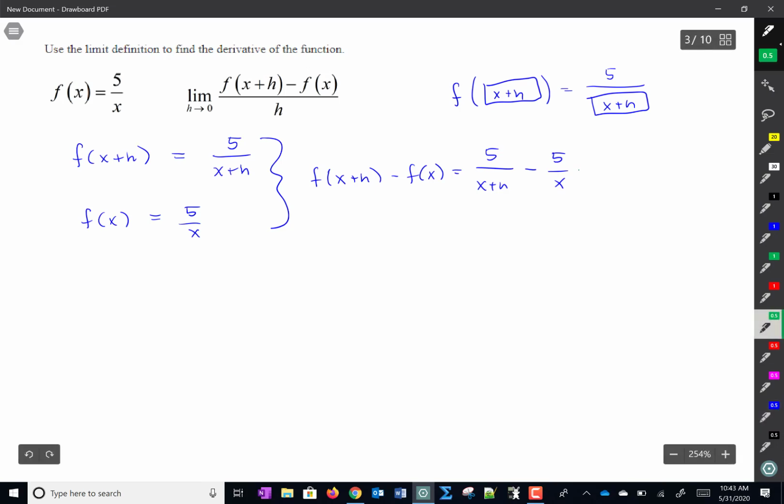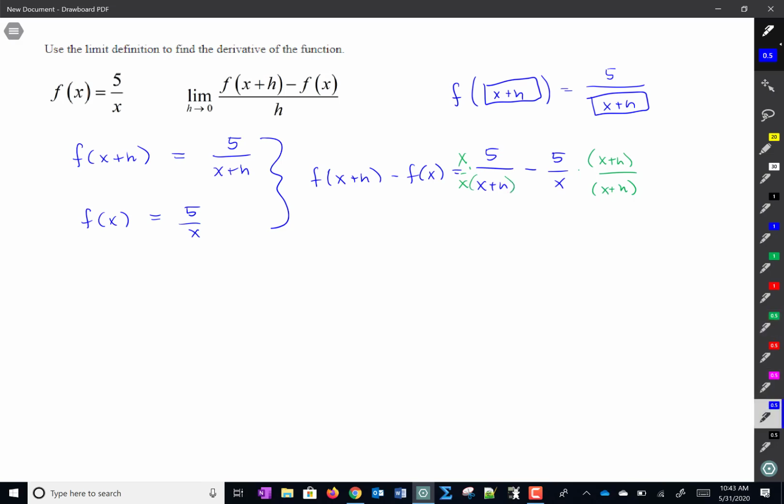So I would need to multiply the second fraction by x plus h over itself, and the first fraction by x over itself, so that my common denominator is the quantity x times x plus h. So this would be x times x plus h in the denominator.